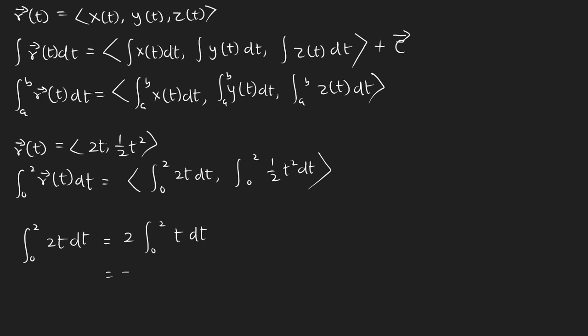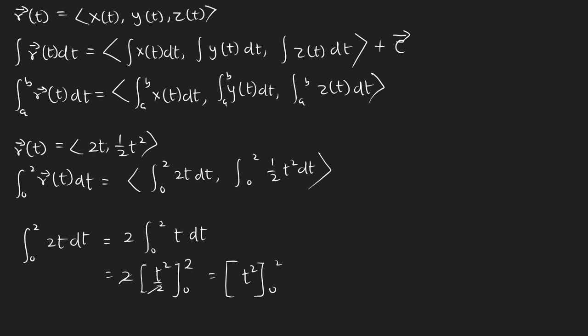So this will be 2 multiplying t squared divided by 2, with the boundary 0 to 2. This simplifies to t squared from 0 to 2, because the 2s cancel out.